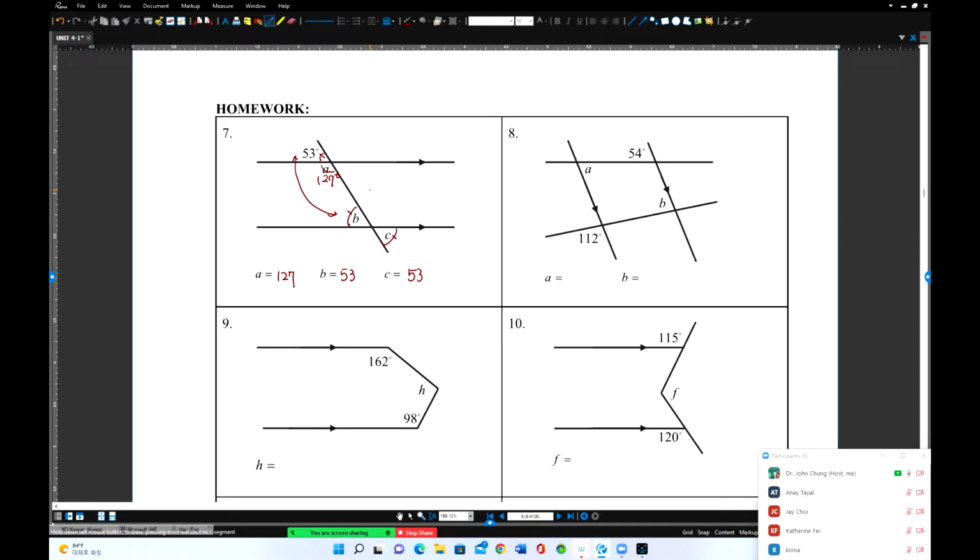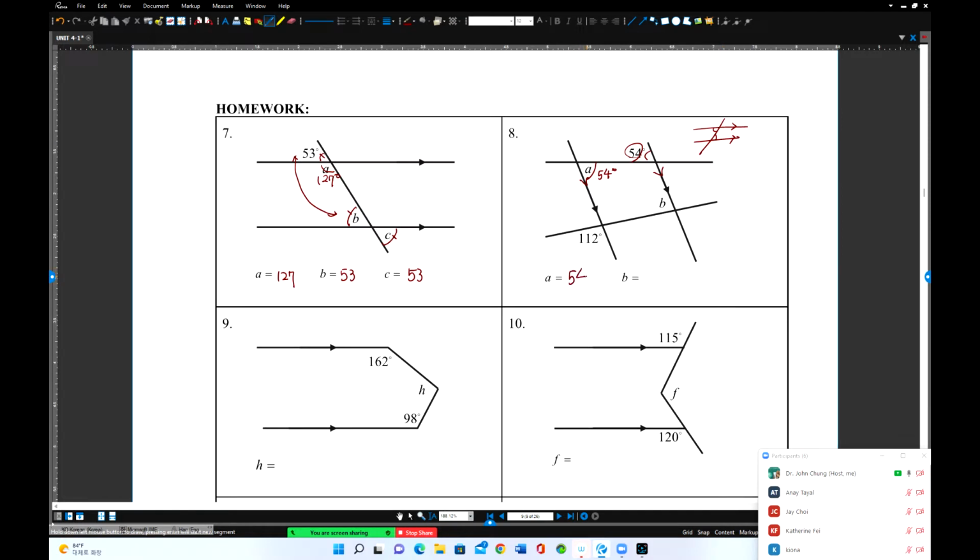Number 8. These two lines are parallel. Okay, this is 54, this is also 54, right? Not this one. Because these two lines are parallel, alternate interior angle, okay?